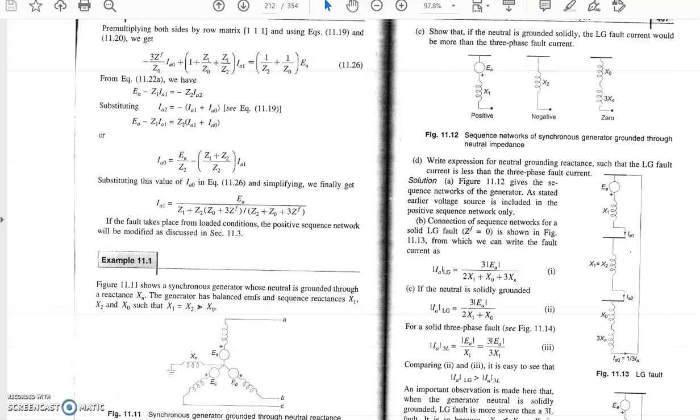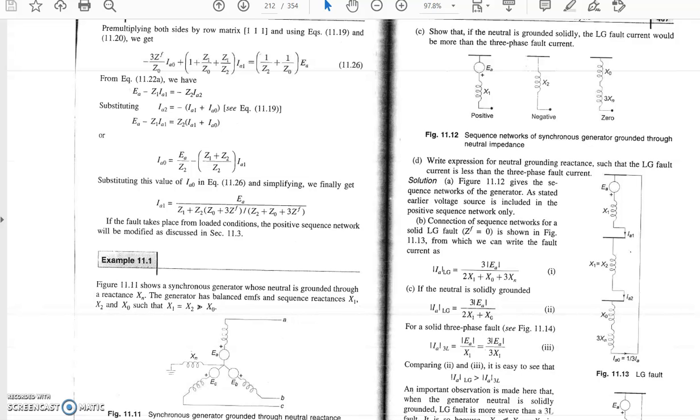If solidly grounded, it means fault impedance ZF equals 0, and in that case, if the fault occurs at the generator terminal, then the LG fault is more severe than the three phase fault current. Otherwise, if the fault occurs at the middle of the line or any other part of the system, then the three phase fault current is more severe. But if it occurs at the generator terminal and the generator is solidly grounded, the LG fault is more severe.